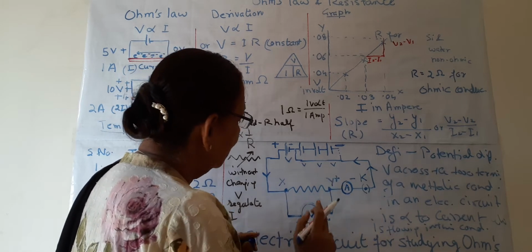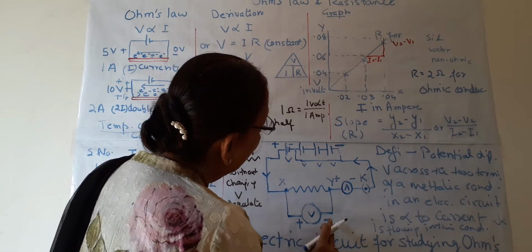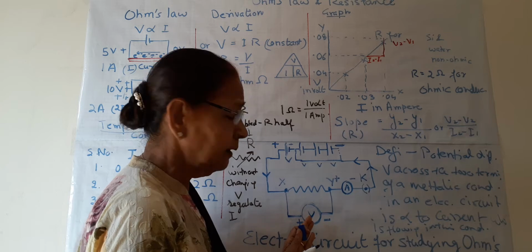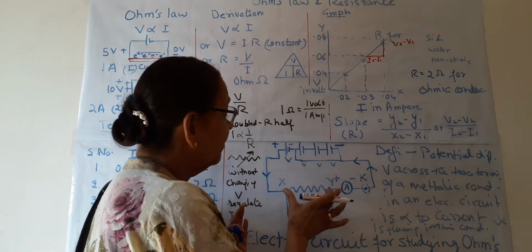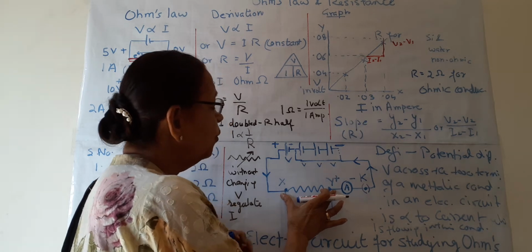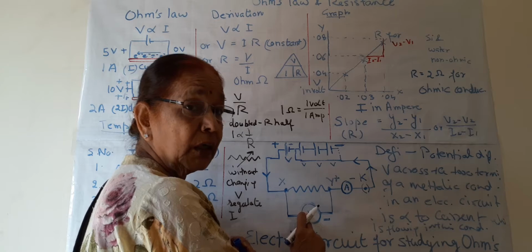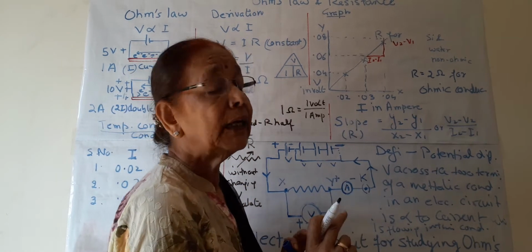This connection is parallel connection. Again, we will write plus on the plus side and minus on the minus side. What is it doing? This voltmeter is measuring the potential difference across the two ends of this resistor. So this is for measuring potential difference, and the ammeter is for measuring current.